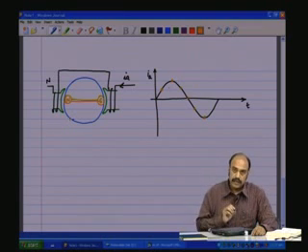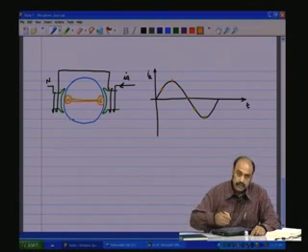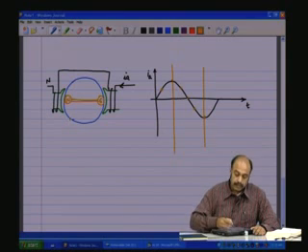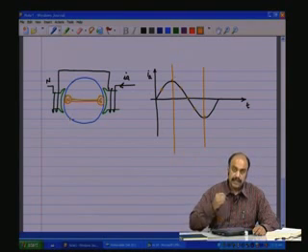So like that, you will see the dumbbell swinging along that axis depending upon the amplitude of the current. Now let us take just the two crucial points, that is the positive max and the negative max.